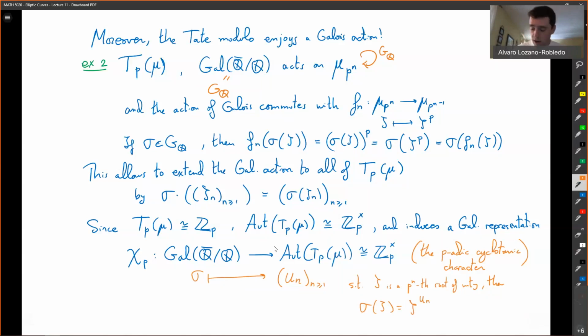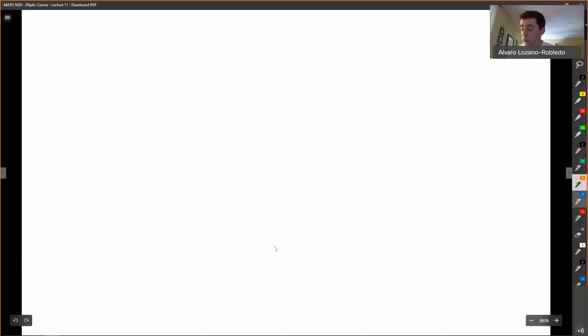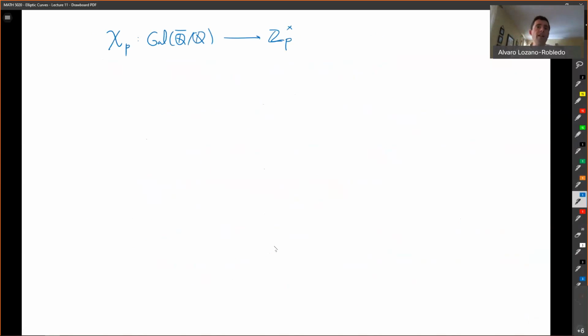So we have a p-adic Galois representation to Z_p cross, and that tells you the entire action on all the p^n-th roots of unity. But you can reduce modulo p, for example, and then you just forget about the entire p-adic expansion.